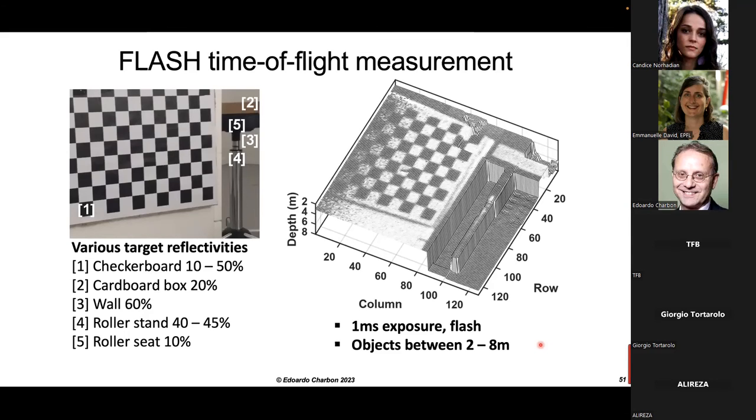So this allows you to share a single TDC over an array of 16 by 8, for example, could be 8 by 8 or more or less, without losing information about the origin of the photon being detected.